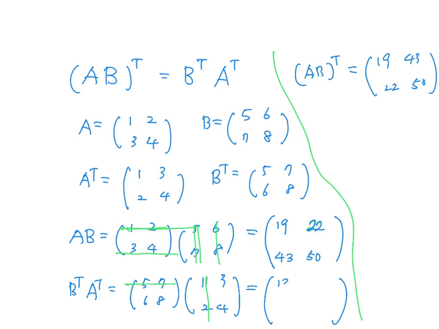Same. Then the 2, 1 component: 5 times 3 is 15, 7 times 4 is 28. So 15 plus 28 is 43. So 43.